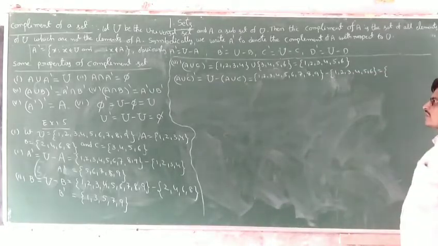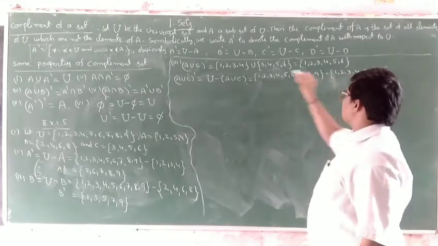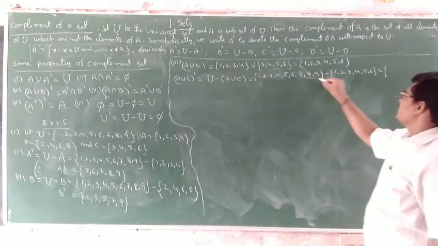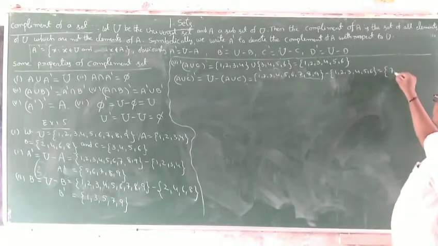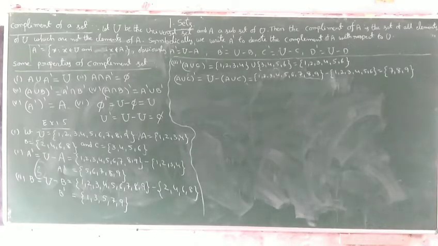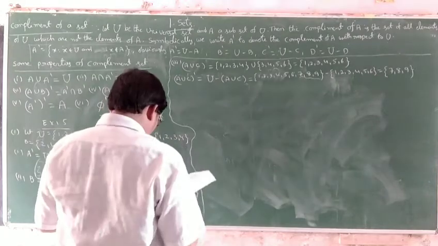Remove the A union C elements from the universal. The remaining elements are 7, 8, 9.